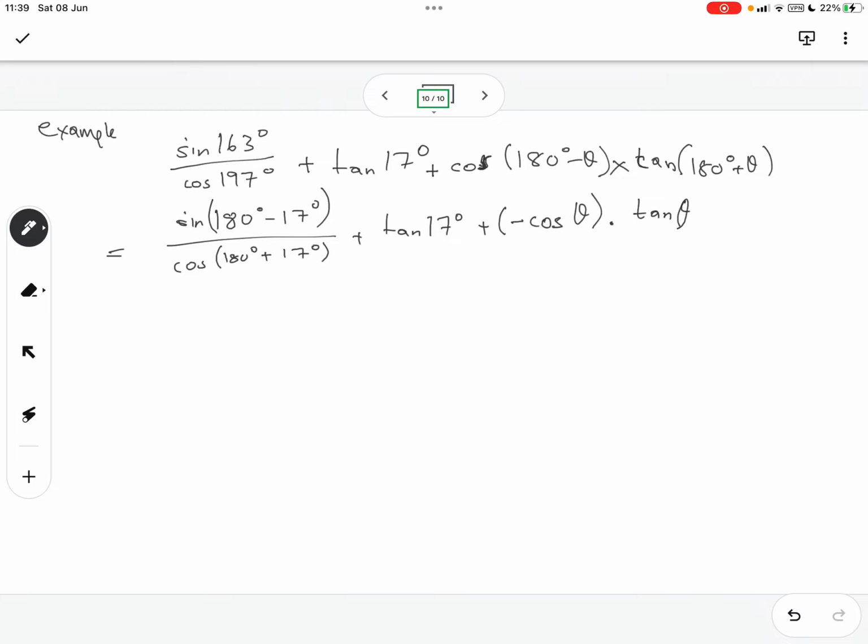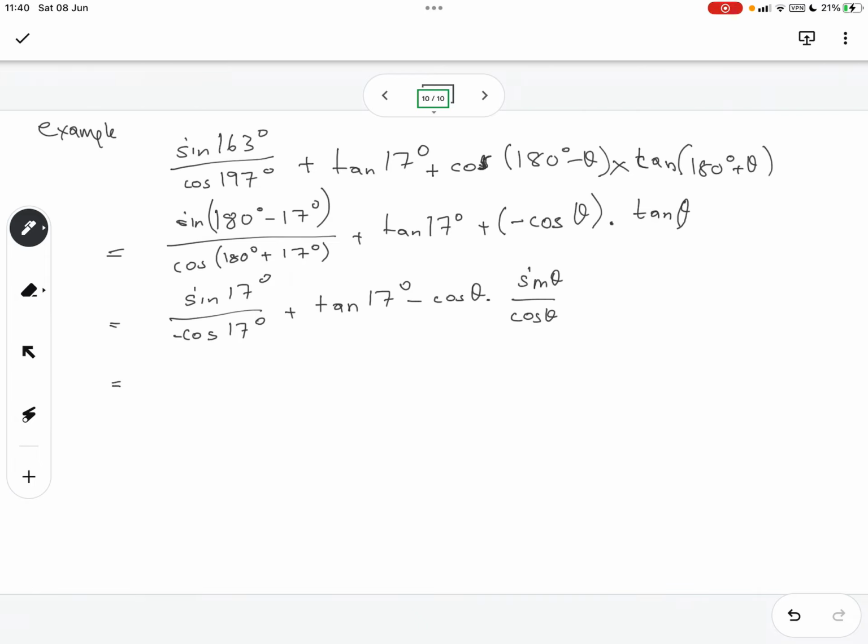Cos is negative, so we're going to have negative cos of theta. And tan of 180 plus, that's third quadrant. Tan is positive, so we reduce that and it becomes just tan of theta. This here becomes 180 degrees minus, sine is positive, so this is just sine 17 degrees. 180 degrees plus, cos is negative, so that gives us negative cos of 17 degrees. And then we add tan of 17 degrees.